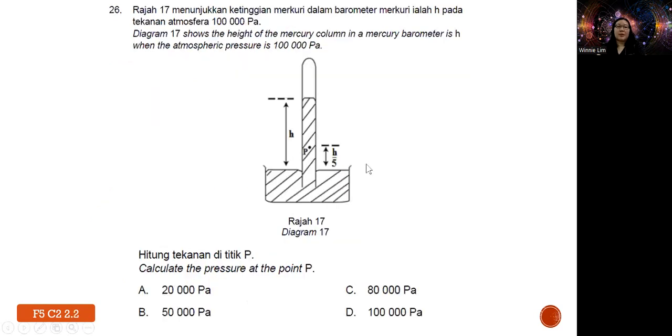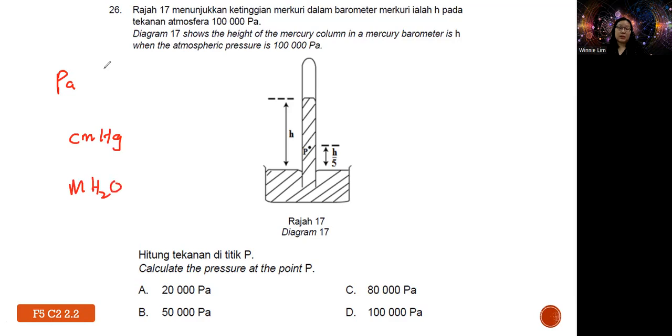26. Diagram 17 shows the height of mercury column in a mercury barometer is H when the atmospheric pressure is 100,000 Pascal. Normally under the topic of atmospheric pressure or gas pressure, we have more than one unit where we use Pascal. Sometimes we will also use cm mercury or meter water.